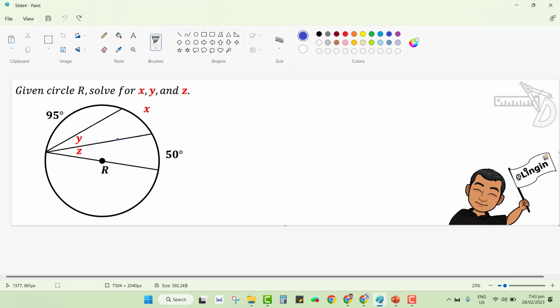This is also true with the angle represented by Z. This is also an inscribed angle intercepting the arc which measures 50 degrees.